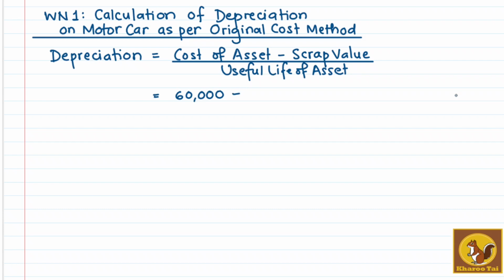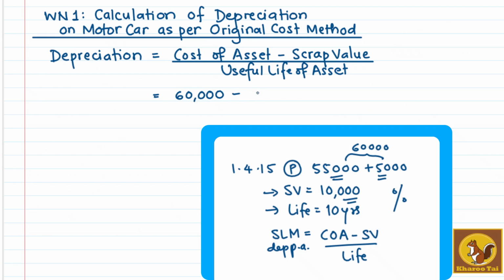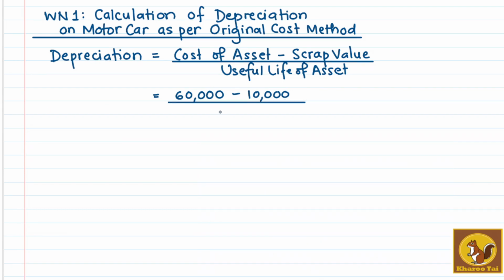What is the scrap value? 10,000. And useful life is 10 years. Divide by 10 years. So this will be 60 minus 10 is 50,000. 50,000 divided by 10 is 5,000. This depreciation amount is per annum.